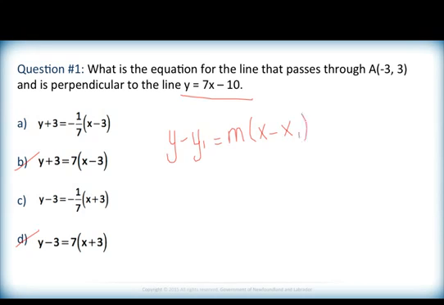If we put -3 in for our x1, x subtract -3 would give us x + 3. Putting 3 in for y1, y subtract 3 would give us y - 3. Therefore, we're looking at C as the answer: y - 3 = -1/7(x + 3). So we can now eliminate A.